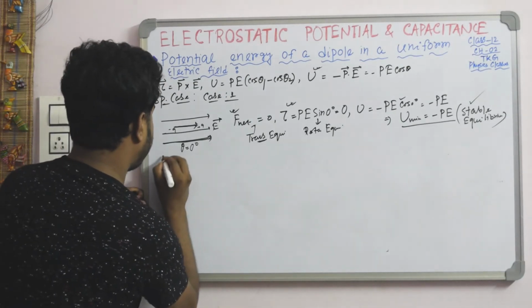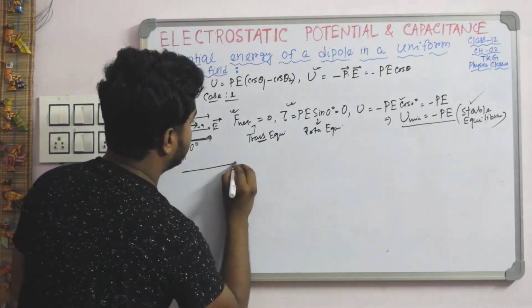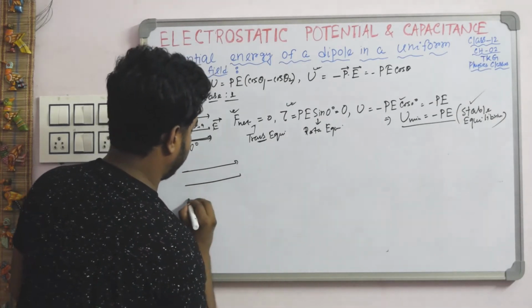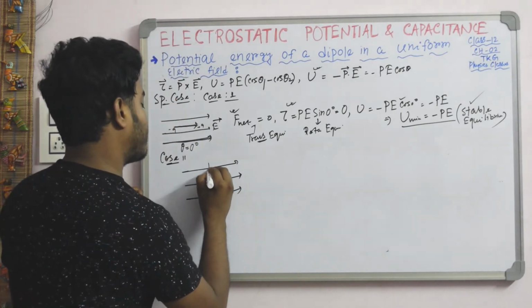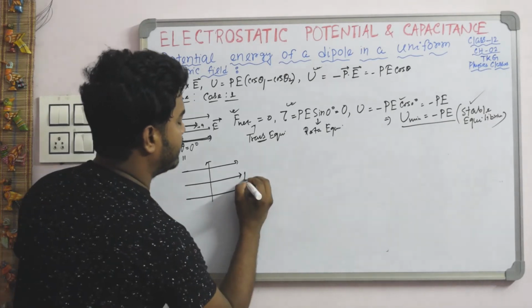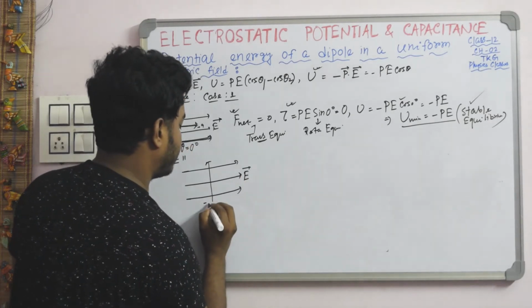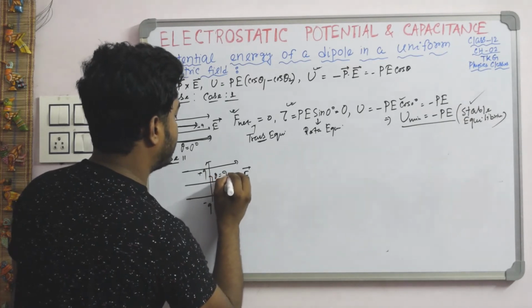Case 2. Suppose the electric field is like that, and the dipole is placed perpendicular to the electric field. Okay, so what is the angle? Theta is equal to 90 degree.